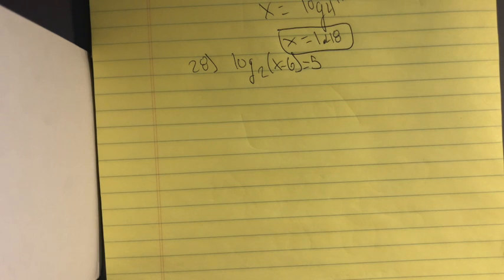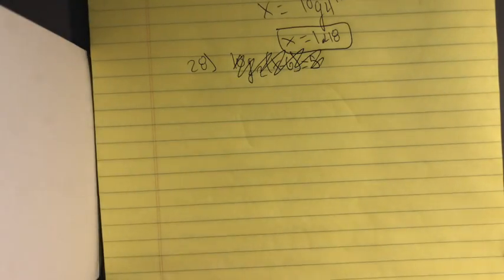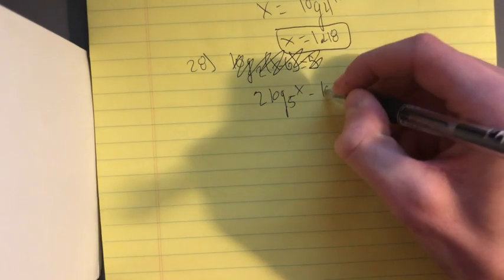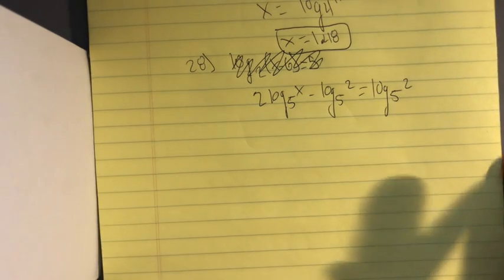Okay, so what we gotta do here is a little tricky, a little difficult, but nothing we can't accomplish. I lied, I was looking at the wrong question. That's for the next section. It's 2 log base 5 of x minus log base 5 of 2 equals log base 5 of 2.